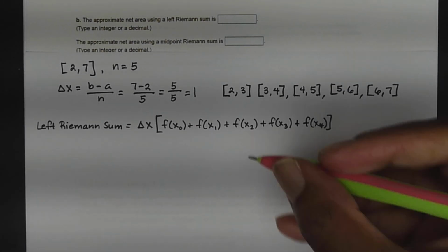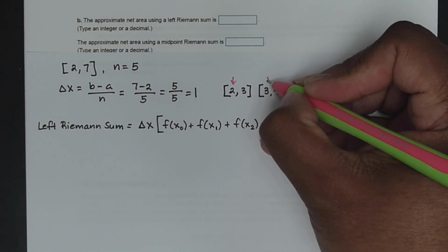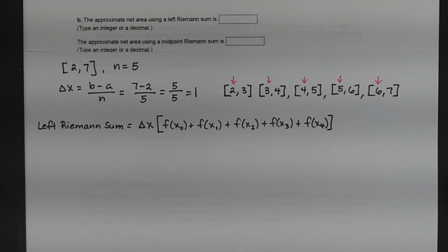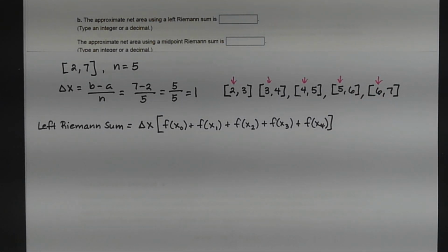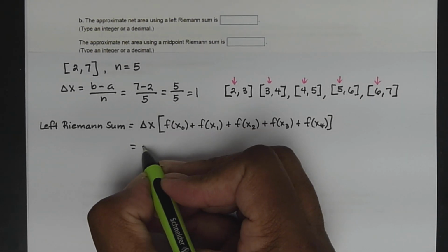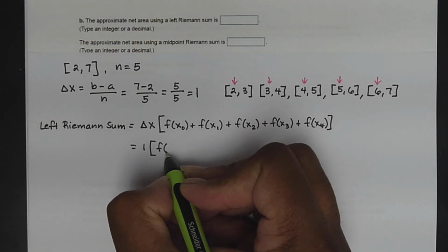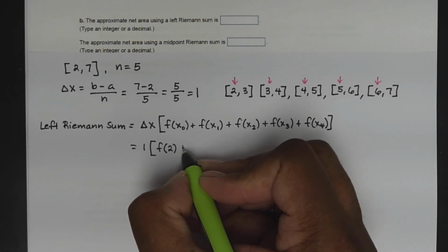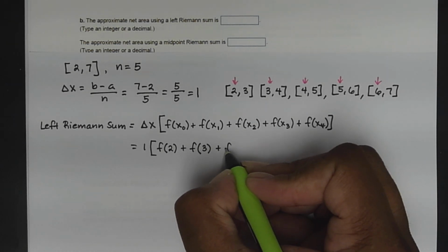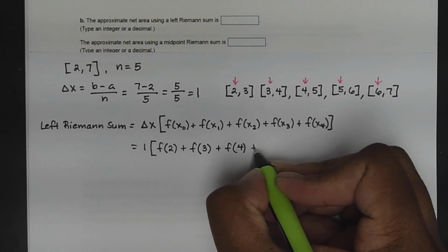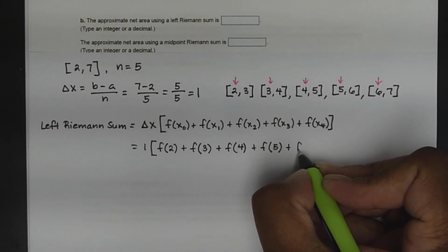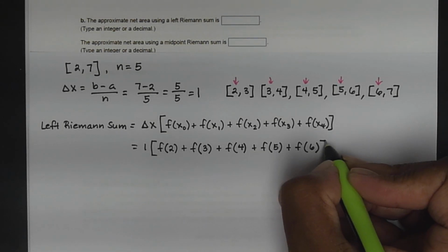So these are my left endpoints for each of these 5 subintervals: 2, 3, 4, 5, and 6. And delta x is 1, so it'll be 1 times f of x0, which is 2, plus f of x1, which is 3, plus f of x2, which is 4, then f of x3, which is 5, plus f of x4, which is 6.